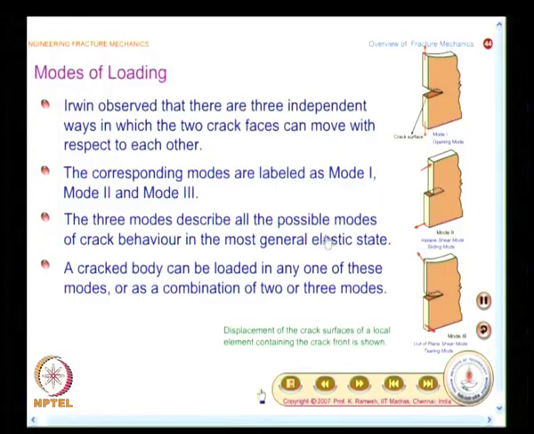It may be only predominantly mode 1 or predominantly mode 2 or predominantly mode 3 or a combination of this. And what we would see now is, we would go and investigate and understand what happens in each of these modes and how they are labeled, and which one of them is more dangerous than the other, what way the other modes play in crack propagation.